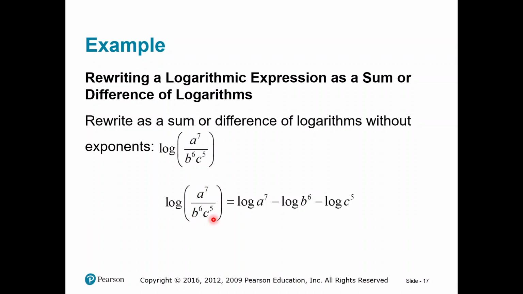Now notice that the product in the denominator must be negative. And so the log of a to the 7 over b to the 6 times c to the 5th is then the log of a to the 7 minus the log of b to the 6 minus the log of c to the 5th.